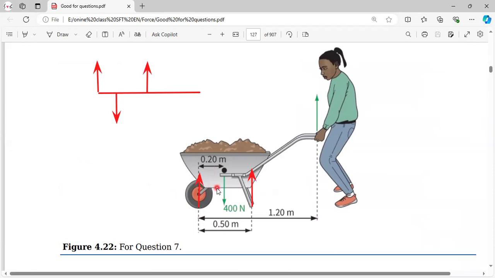But if you take them separately, they have two different values. In order to find those two values, you can use the principle of moments, the easiest to use, because if there are two unknown variables with one known variable, you can use the principle of moments.